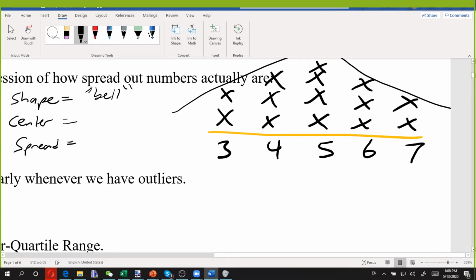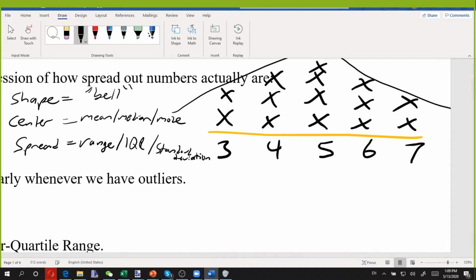For measures of center, we usually use mean, median, or mode. And for measures of spread, we could use range, IQR, or variance or standard deviation. Okay, so let me go through all of these really quick.